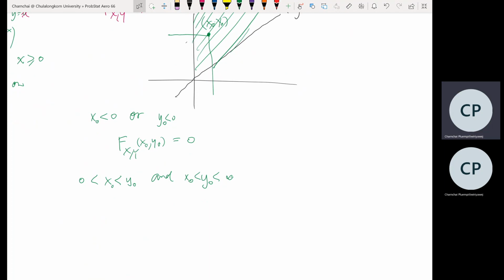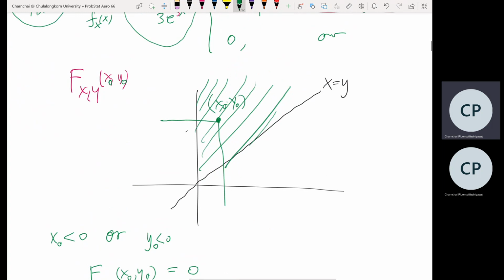So for x naught, y naught in this case, we're going to integrate 6e to the negative x minus 2y dx dy, right? Be careful here.